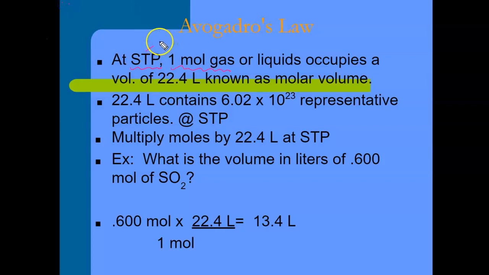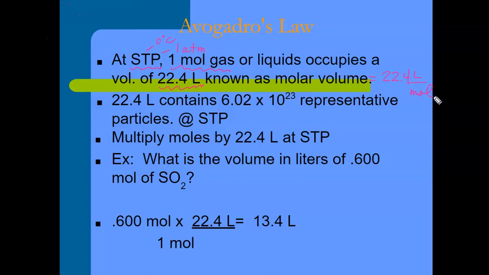And let's remind you that that means we have a temperature of 0 degrees Celsius and a pressure of 1 atmosphere. And so that's going to be very important, because when we have that set of conditions, we know that the gas is going to take up 22.4 liters of space. Literally, that means molar volume is 22.4 liters per mole.